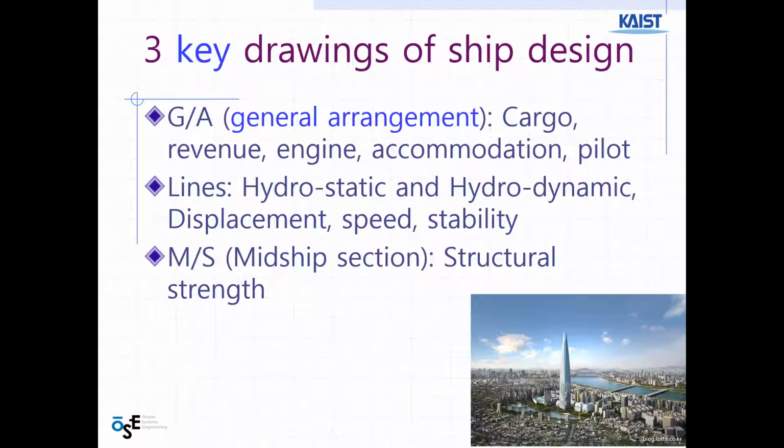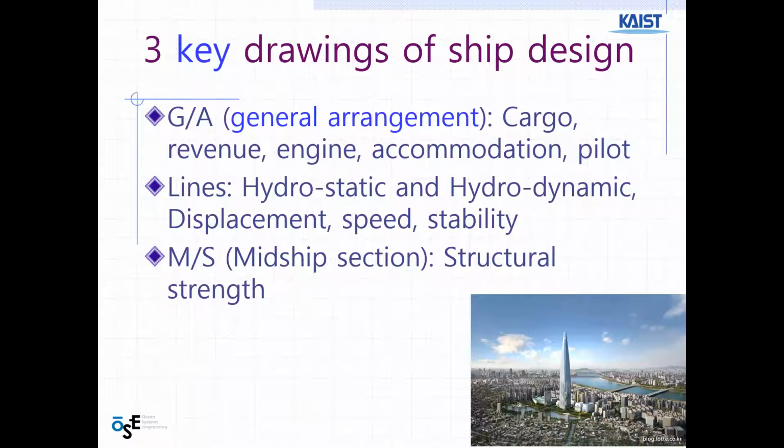If you have a cargo truck moving between Daejeon and Seoul, how much money can you get? We call this revenue for the cargo ship. It's important, the main source of money coming in. And the engine: how large an engine, where to put it, and accommodation for the pilot, captain, and pilot house. So location arrangement is general arrangement. That is the mission of the work.